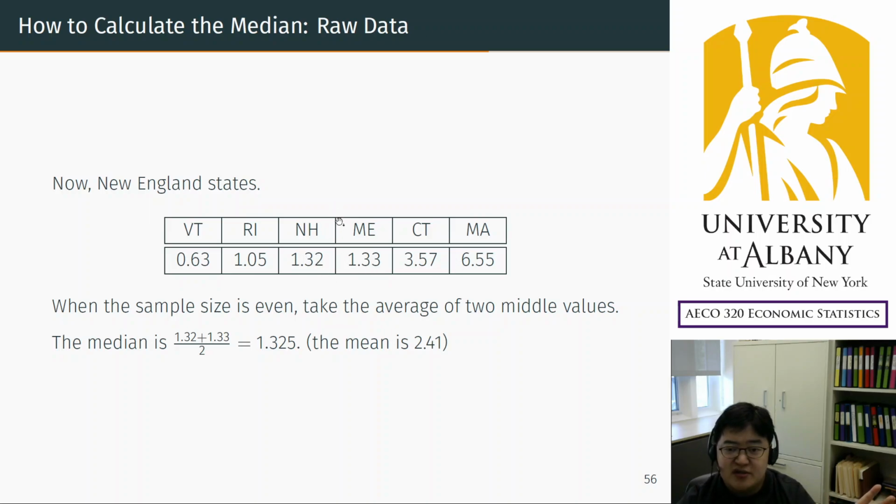Then you have to choose something in between New Hampshire and Maine. The median will be the average of those 2 middle values. So there are 2 middle values when there is an even number of observations. Choose the 2 middle values and take the average of them. So the median is 1.325.